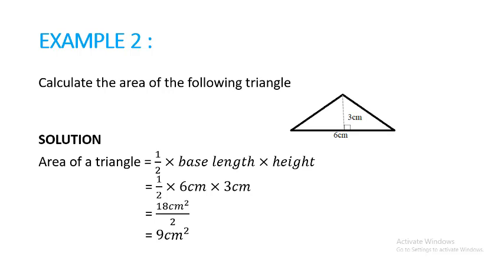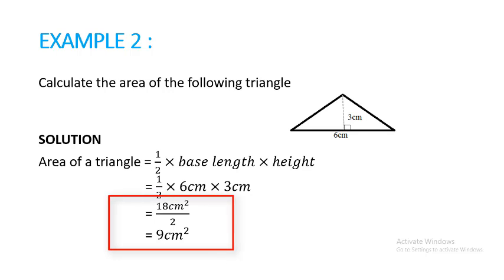Now the second step is to substitute the given dimensions into our formula. So we have half times our base length, 6 centimeters, times our height, 3 centimeters. So if we multiply 1 by 6 centimeters by 3 centimeters, the answer is 18 square centimeters.